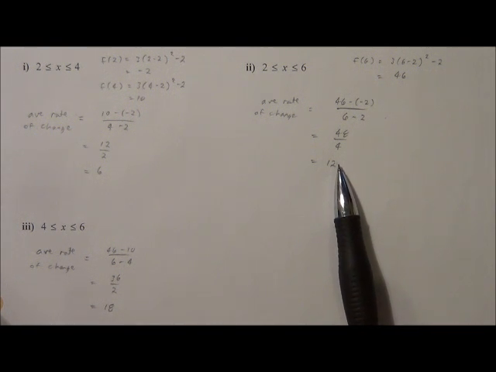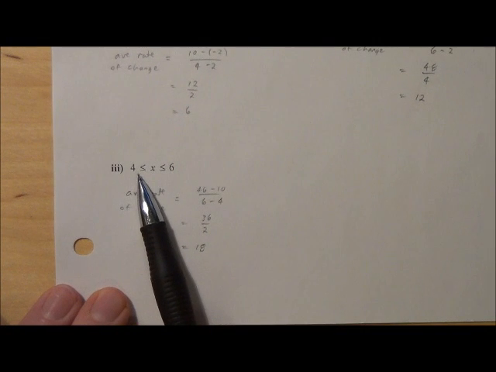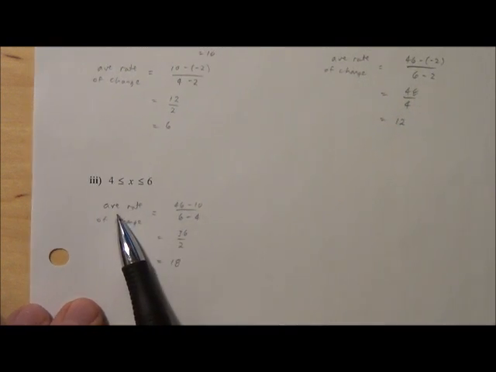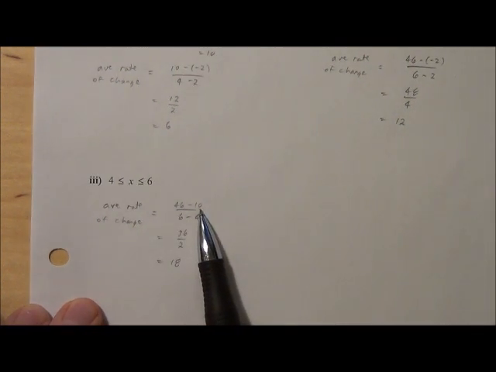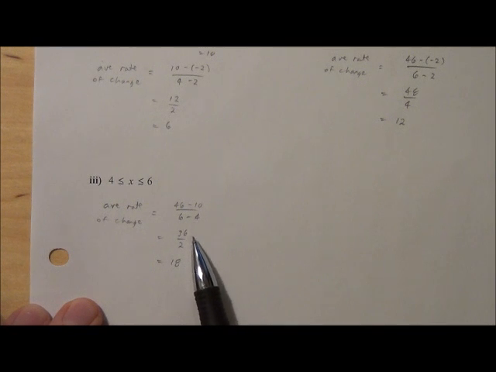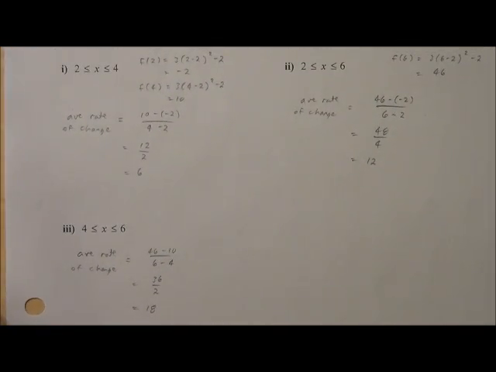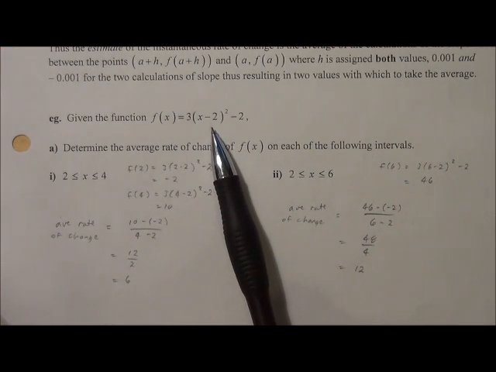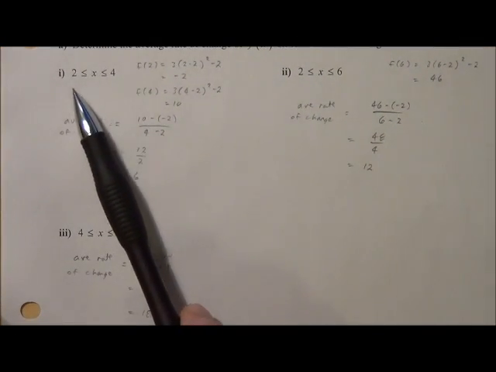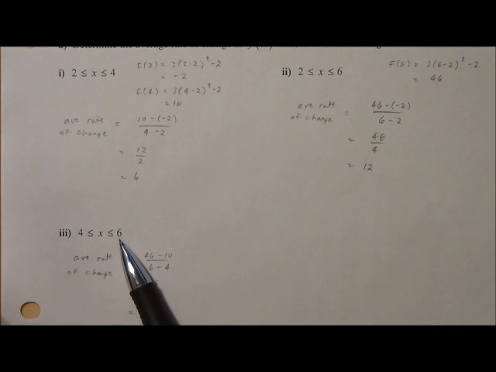Then we have all the information we need for the interval between 4 and 6. So the average rate of change is 46 minus 10 divided by 6 minus 4, 36 divided by 2, which is 18. Okay, so those are the average rates of change of that function on different intervals, 2 to 4, 2 to 6, and 4 to 6.